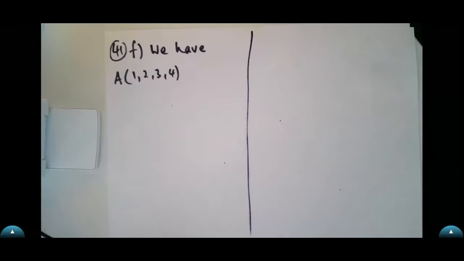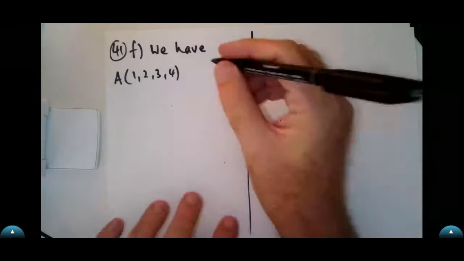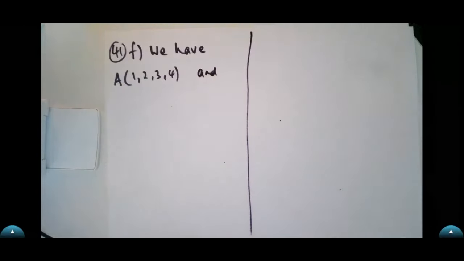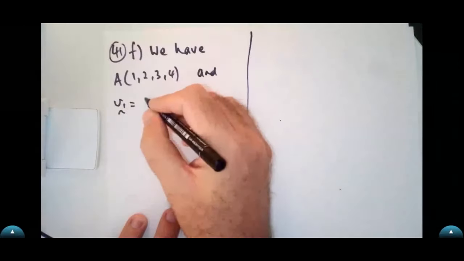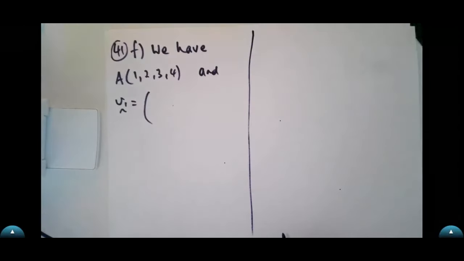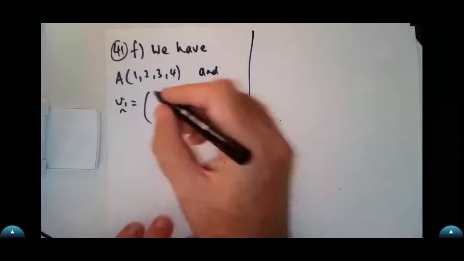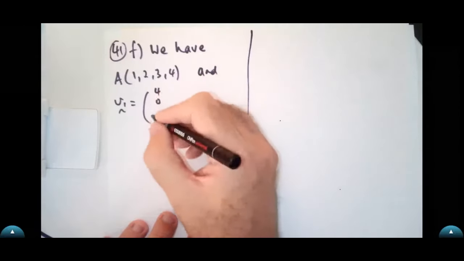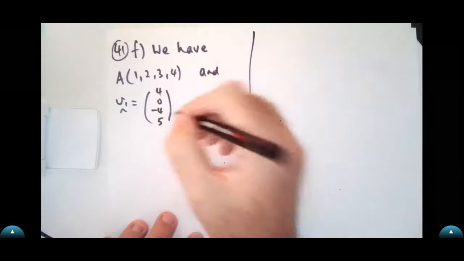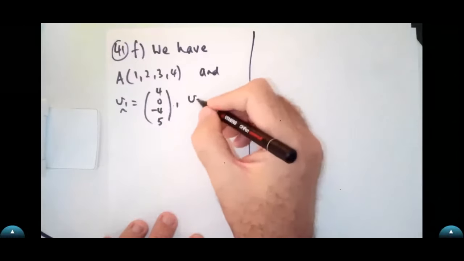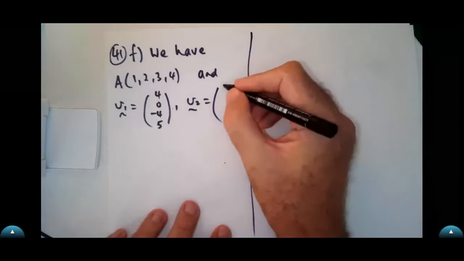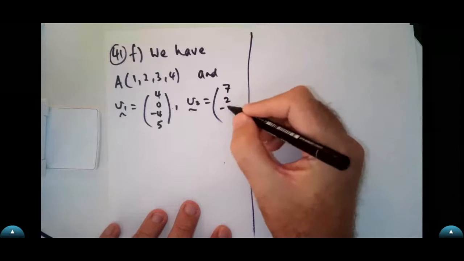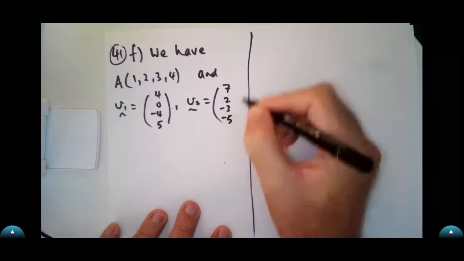Now, if we can work out the vectors that are parallel to those lines, then we can work out our plane equation. So from the first line, we're going to take 4, 0, -4, and 5. And from the second line, we're going to take 7, 2, -3, and -5.